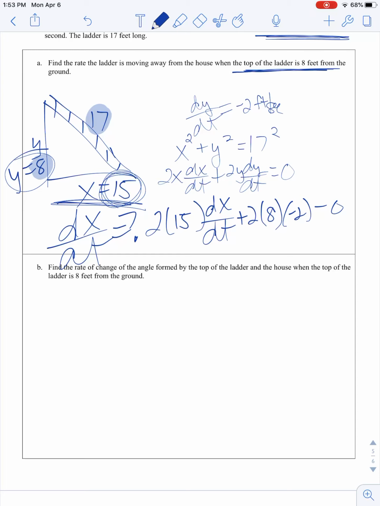All right, last one I'm going to do for you. What are we finding? So we have the same triangle. This is 17, this is x, this is y. So we're still talking about at the moment when the top of the ladder is 8 feet. Ooh, be careful.